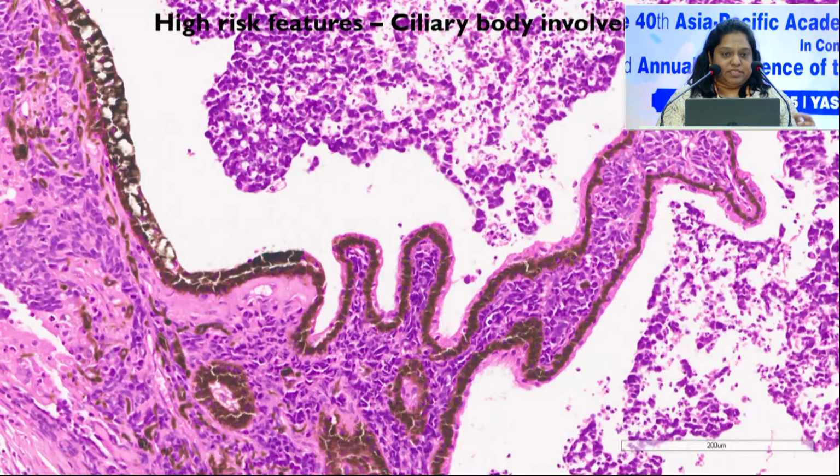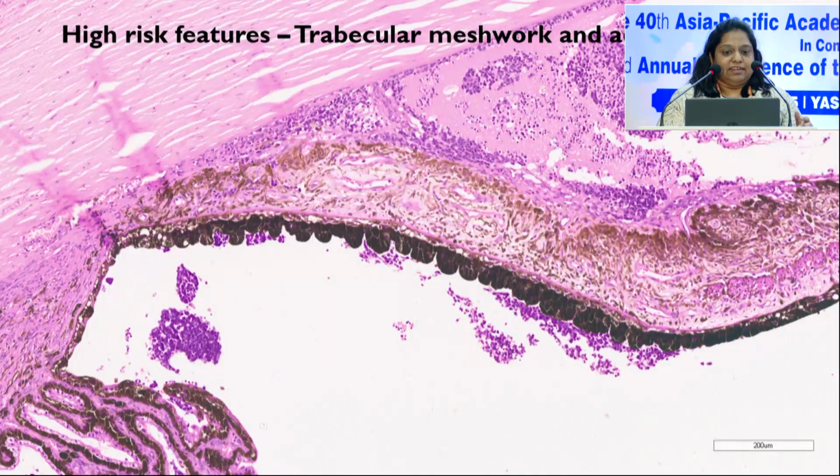Then the ciliary body, whether it is involving the processes, whether it's involving the stroma or the muscle, you have to look into it. And apart from that, is the angle involved by the tumor, whether the trabecular meshwork is involved by the tumors inside that mesh, and the Schlemm's canal, whether it's extending up to that or not. And also look for the aqueous seeds if they are present.